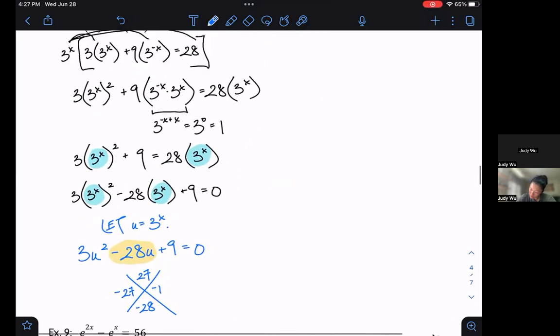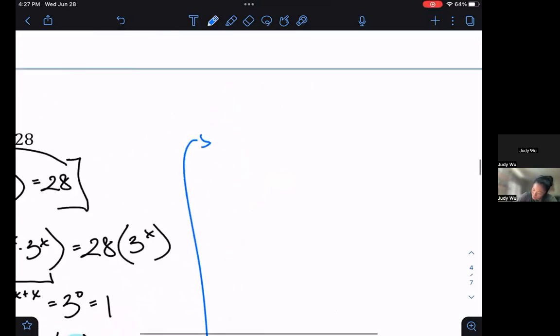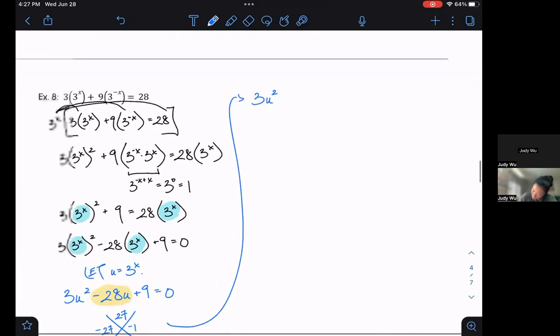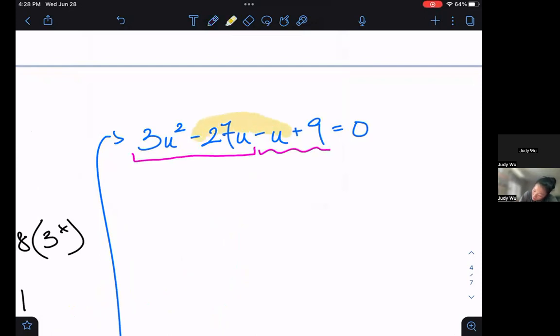So let's take our blue marker back up to the top over here. And so that means we can write this as 3u squared minus 27u minus u plus 9 equals 0. And now I'm going to go ahead and clump the first two and the second two, keeping in mind that these middle two terms were really a more creative and more useful way of writing negative 28u.